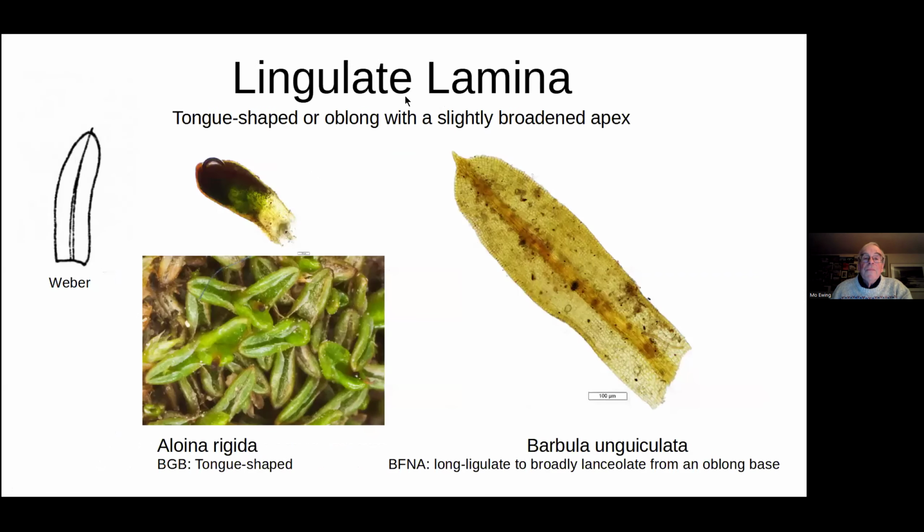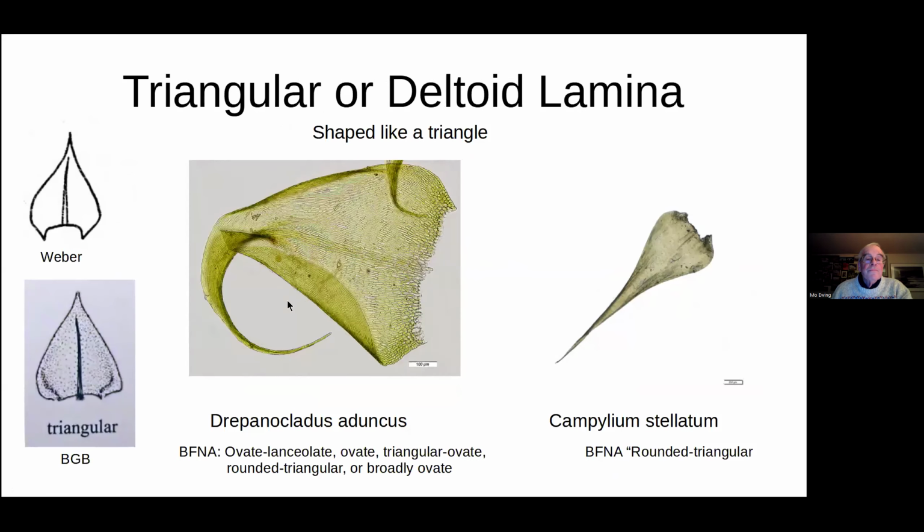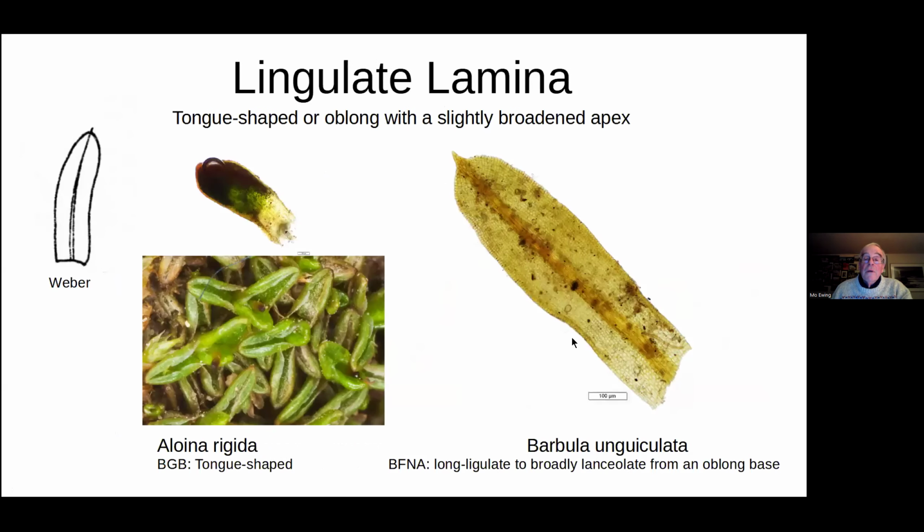And then the ligulate is tongue-shaped. This one is thinly tongue-shaped, and this is tongue-shaped. And in these, in ligulate lamina, very often they're a little bit wider toward the tip, as you see in Alonia.